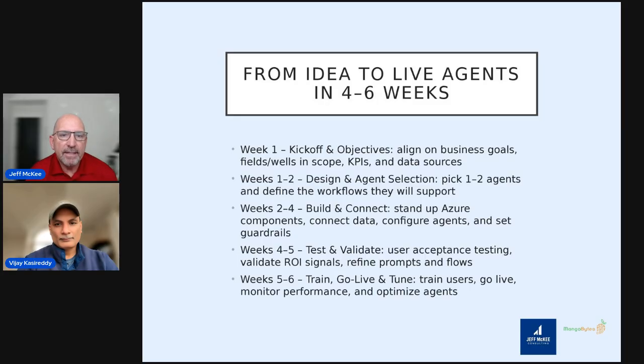And then build and connect, as VJ mentioned, test and validate, and then train and go live. So getting up and running on this solution can be fairly quick for some customers, to get to that ROI, that time to value for the upstream oil and gas customers. That's just an overview of what a roadmap might look like to get quickly up and running.